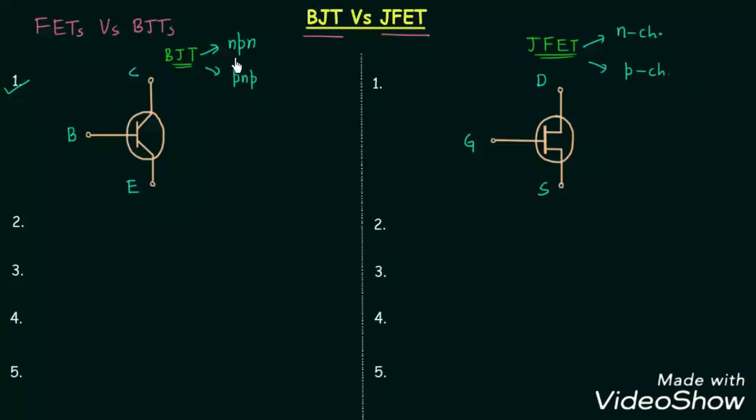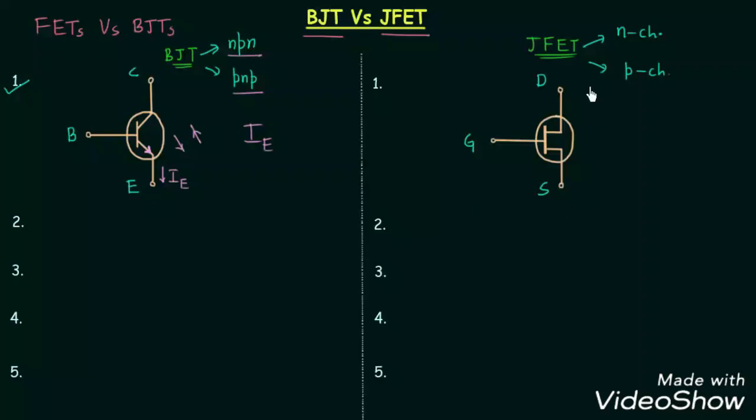And to differentiate between NPN and PNP, we will take help of the emitter current IE. In case of NPN transistor, the direction of emitter current is like this, and in case of PNP transistor, the direction of emitter current is like this. So if we are taking NPN transistor, we will put a small arrow representing the direction of emitter current IE.